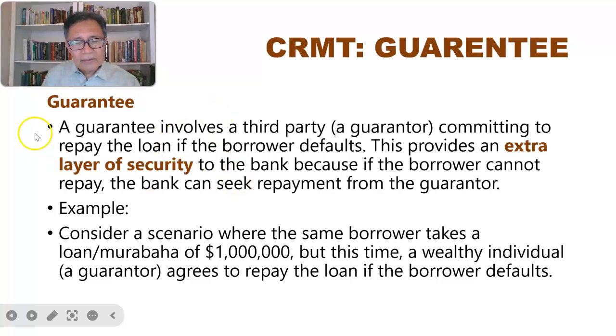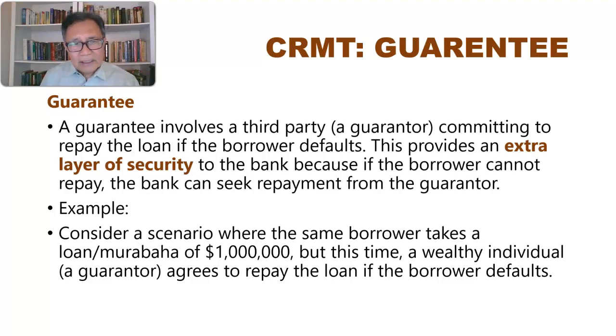The guarantee involves a third party, a guarantor, committing to repay the loan or murabaha if the borrower defaults. So this provides an extra layer of security to the bank, because if the borrower cannot repay, then the bank can seek repayment from the guarantor.